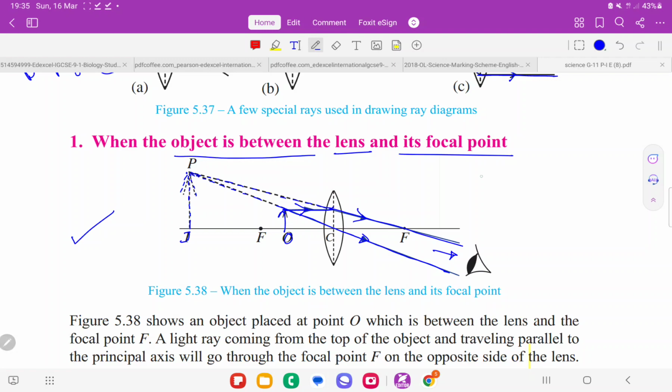So this one we use in normal magnifying lenses, like people use in day-to-day life as magnifying glasses, for reading newspapers, where we can enlarge letters using this mechanism. So we have to locate the newspaper between F and the lens.